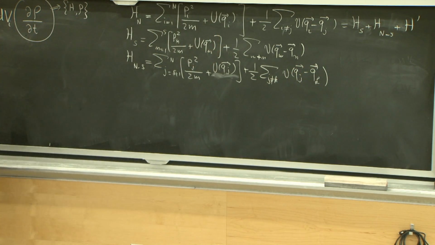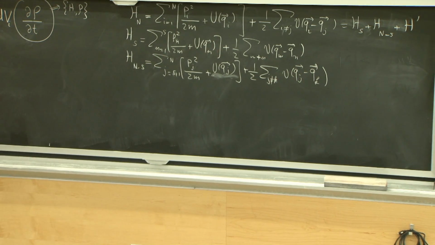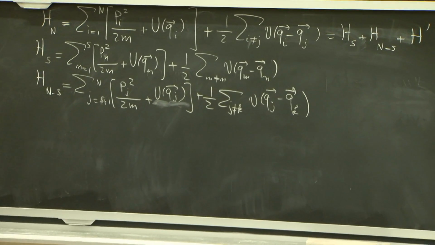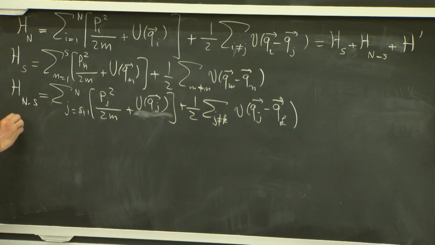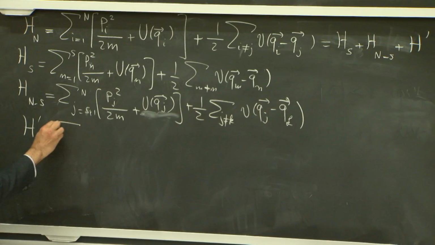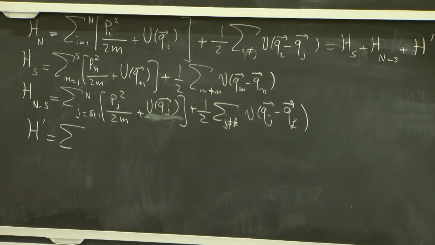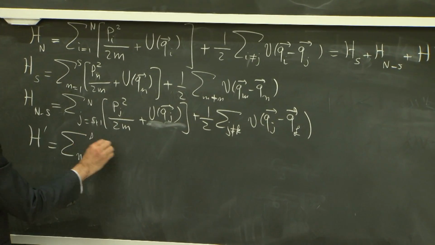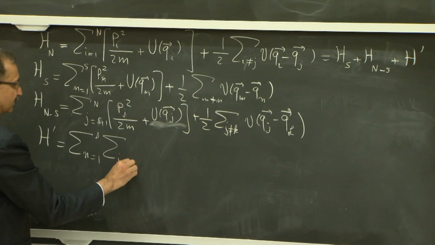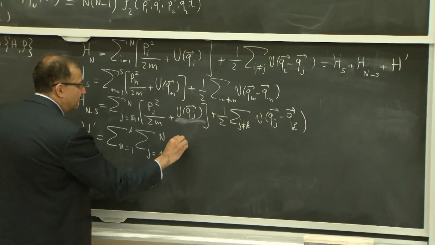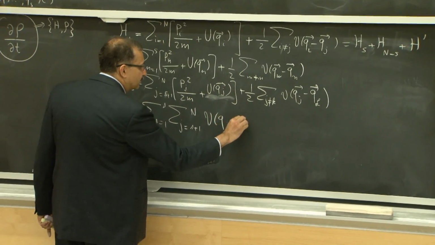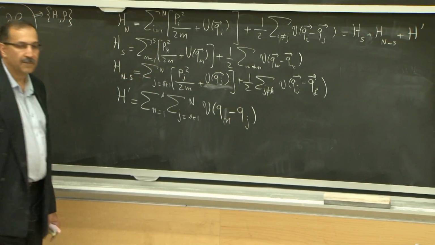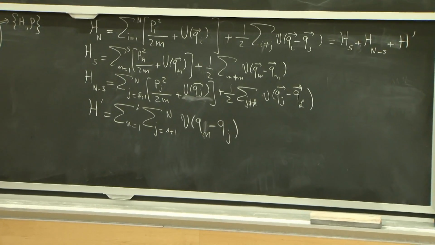Okay? So everything that involves one set of coordinates, everything that involves the other set of coordinates. So what is left? What is left are terms that couple one set of coordinates to another. So n running from 1 to s, j running from s plus 1 to N, V between q_j and q_n.